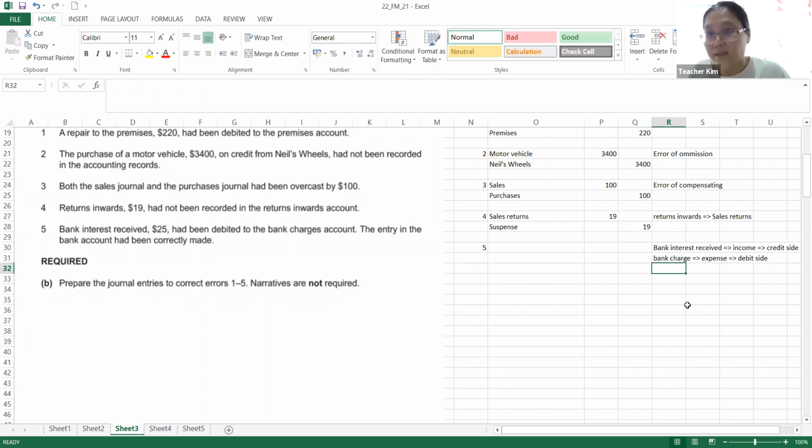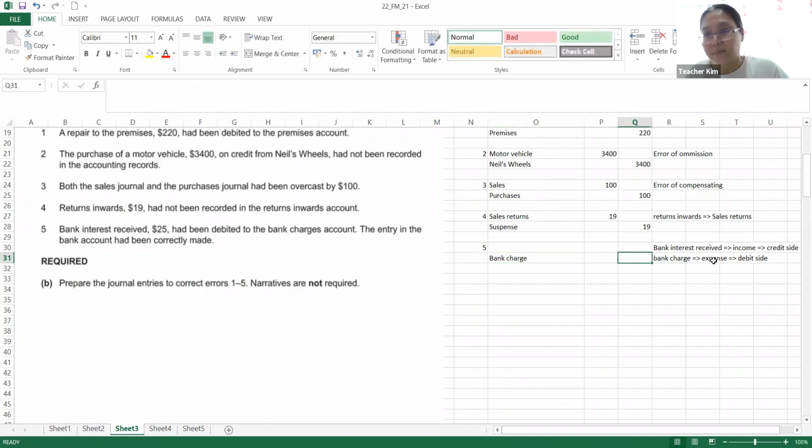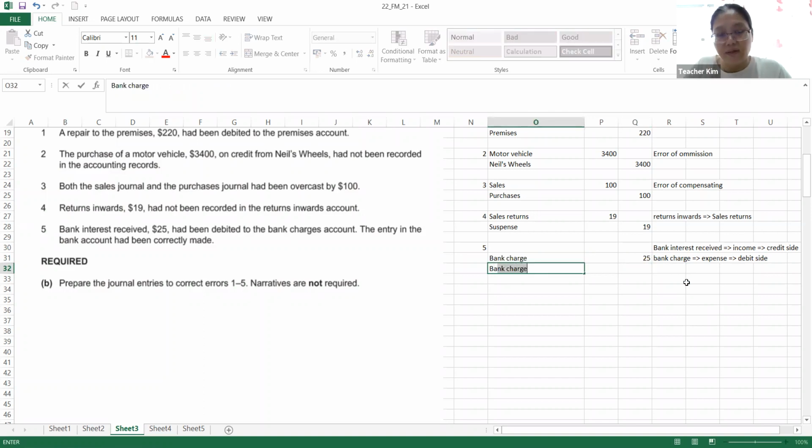So now we have to make a reversal. So we have to put in this one. I have to reverse it. Bank charge. I need to credit out the amount 25. In here, bank interest received. This bank interest received is my income, should be in the credit side.